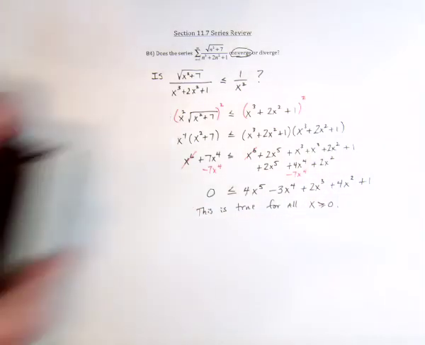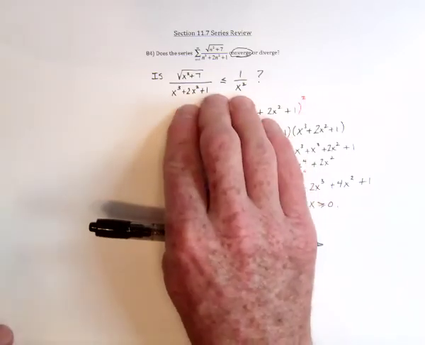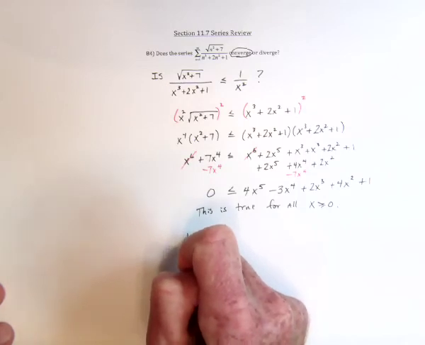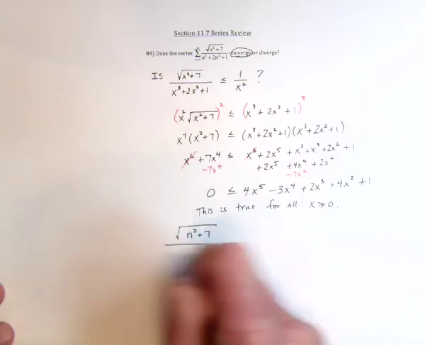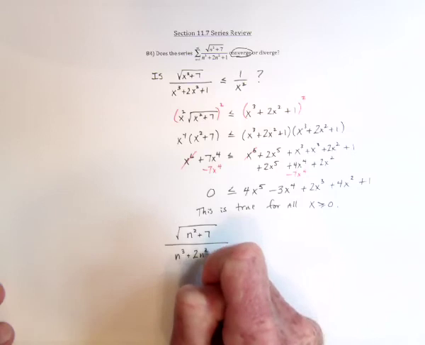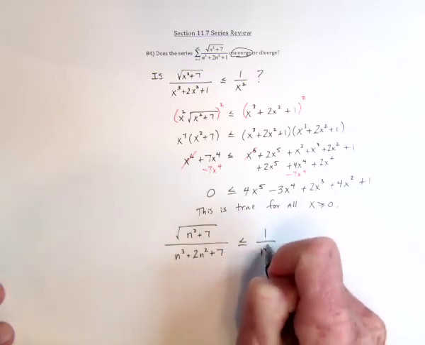That means that this inequality is true, and so it passes this. So we have the square root of n squared plus 7 over n cubed plus 2n squared plus 1 is less than or equal to 1 over n squared.